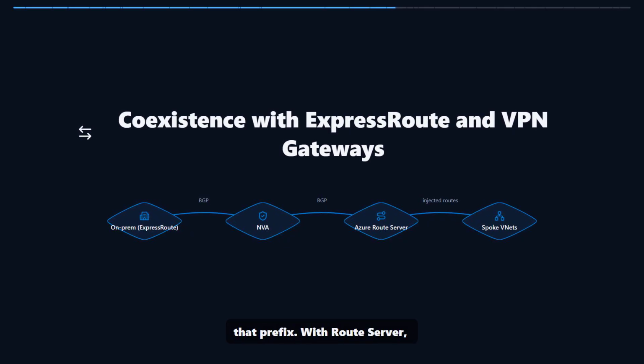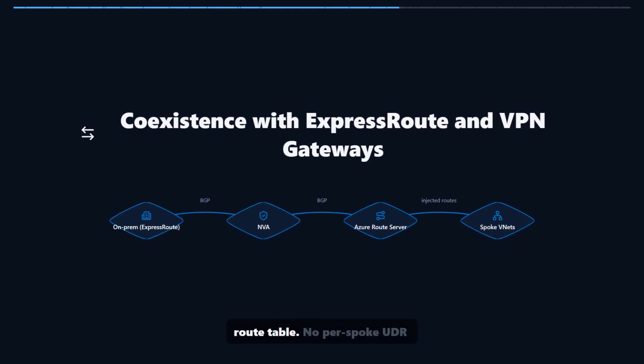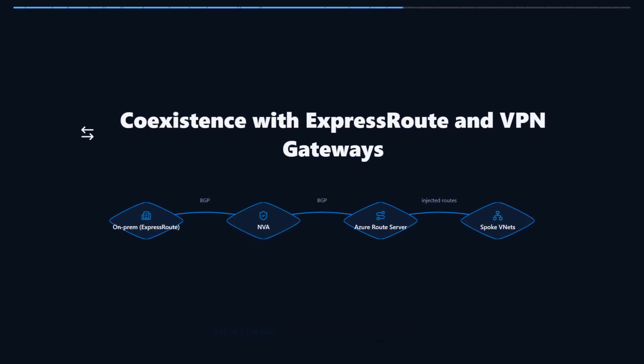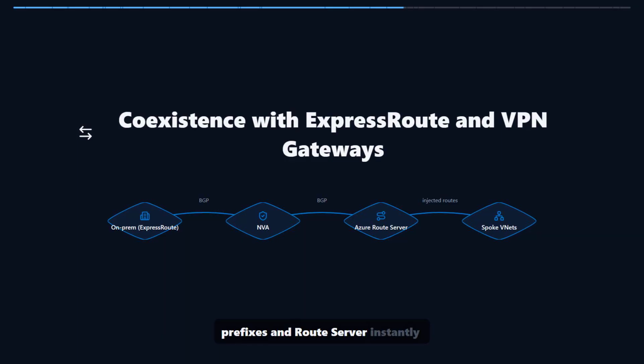With Route Server, the NVA simply advertises those routes, and Route Server automatically injects them into every spoke's route table. No per-spoke UDR to maintain. When an ExpressRoute circuit fails, BGP withdraws the prefixes, and Route Server instantly removes the route from the spokes. Dynamic failover without a single manual change.